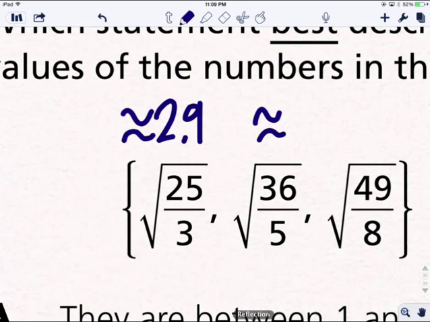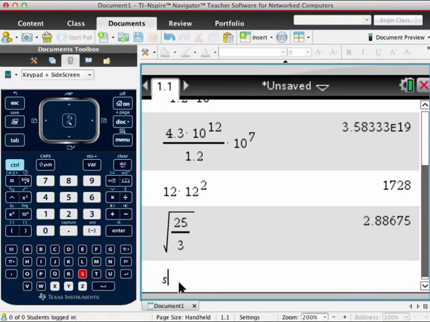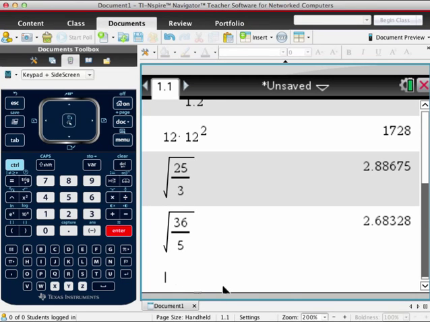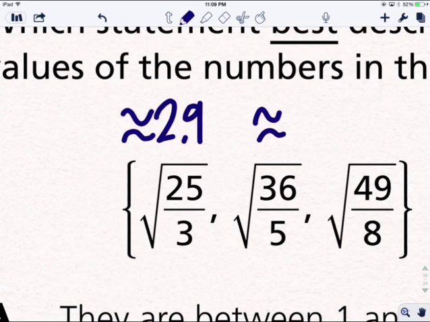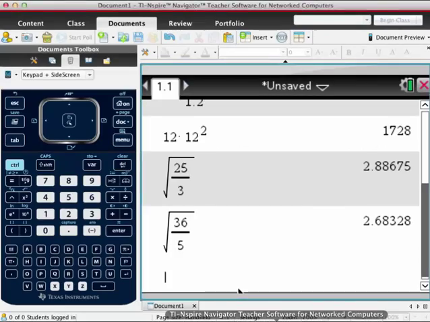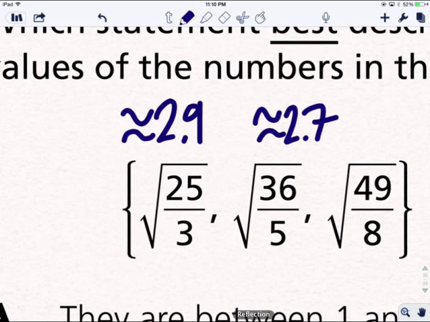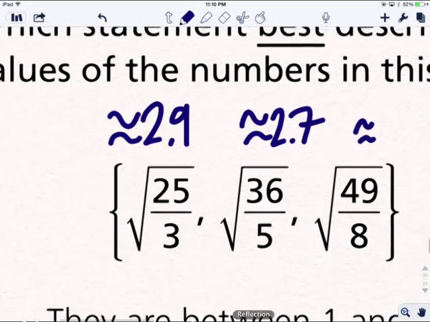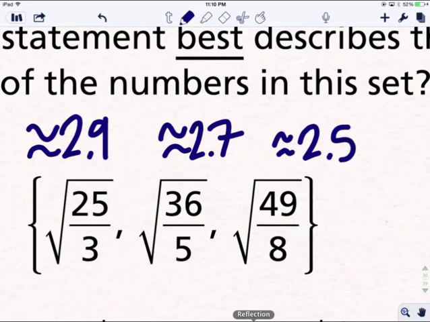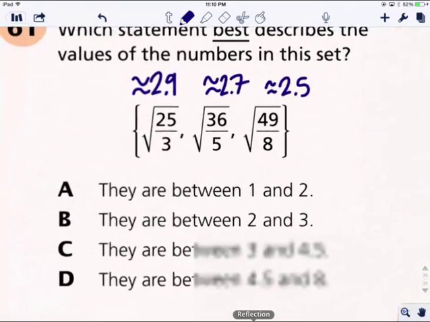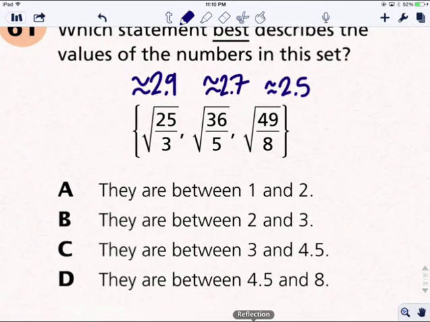Then the square root of 36 divided by 5 is 2.7. Finally, square root of 49 divided by 8 is 2.5. Which answer choice does this correspond to? Looks like B is correct.